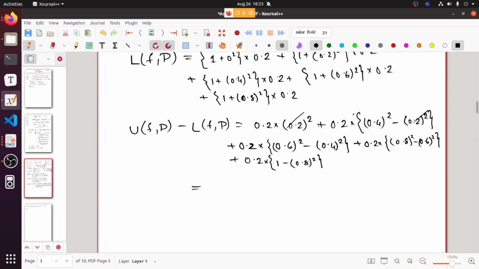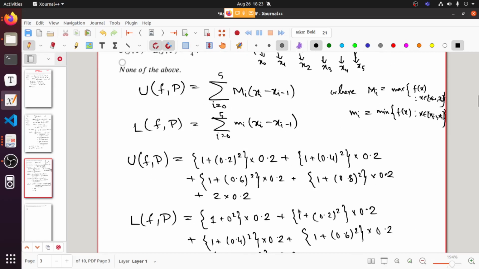This one cancels with this one, this one with this one, and this one with this one. So what's remaining? It's 0.2, which is 1 by 5, right? So we get UFP minus LFP is 1 by 5.